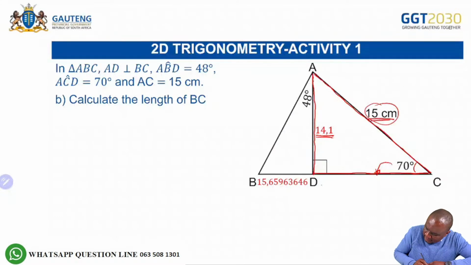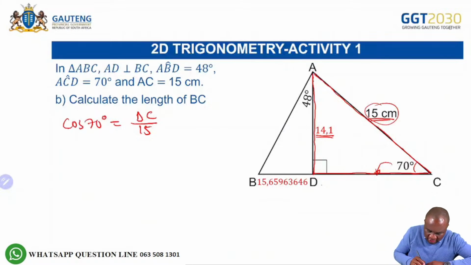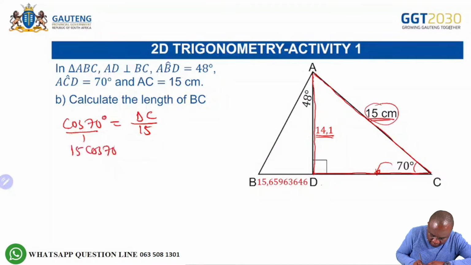Right. Now it's going to be 15, so it's cos 70 degrees is equal to the adjacent side, which is DC over 15. Then again, multiply both sides by 15 or cross multiply like we were doing in the previous examples. So 15 cos 70 degrees is equal to DC.